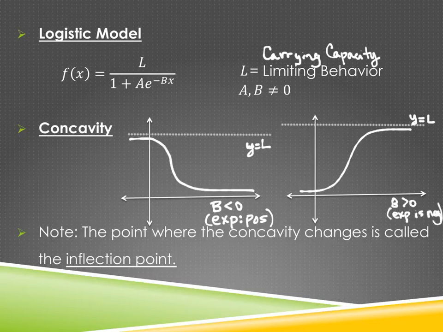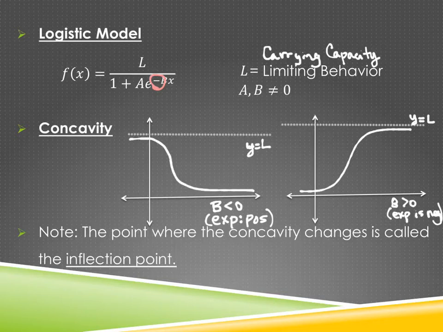Because if you look back at the equation, the exponent up here has an extra negative on it. So if b itself is negative, the exponent becomes positive. If the b value is positive, then the exponent stays negative. But the exponent as a whole, if you have a negative exponent, then you have a graph that's increasing. And if you have a positive exponent, you have a graph that's decreasing as you read the graph from left to right.